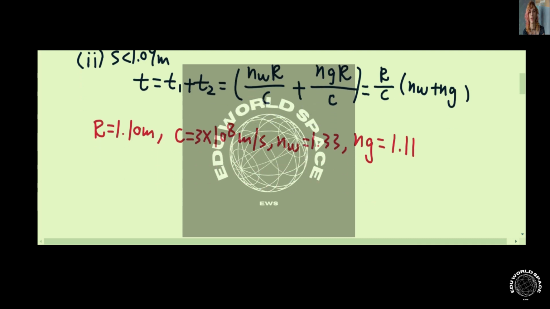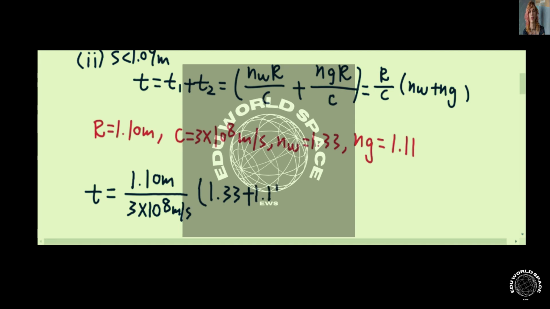So now let's determine the minimum time in this case, which is equal to 1.10 meter over 3 times 10 to the power of 8 meter per second, and then times 1.33 plus 1.11, and this will give us the time about 8.95 times 10 to the power of negative 9 second, which is 8.95 nanoseconds.